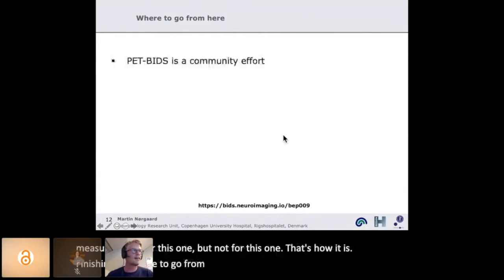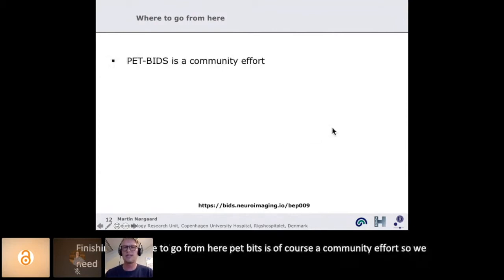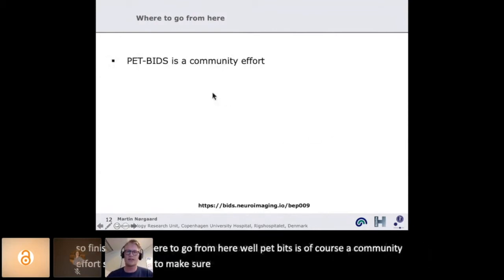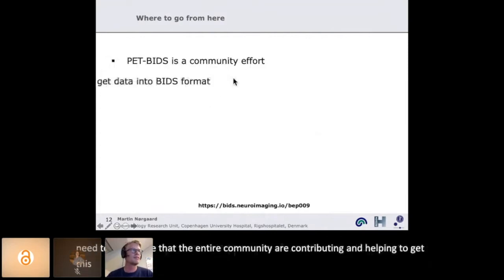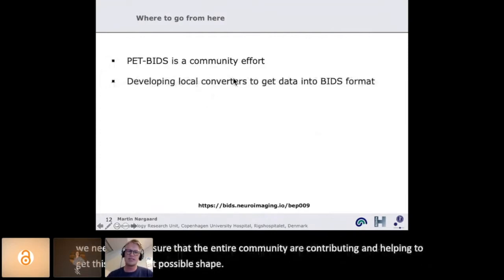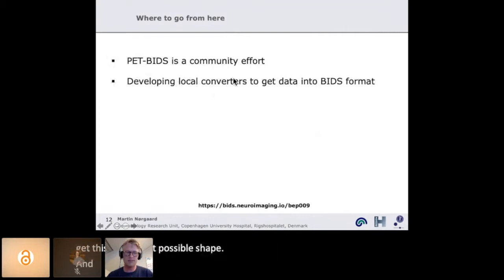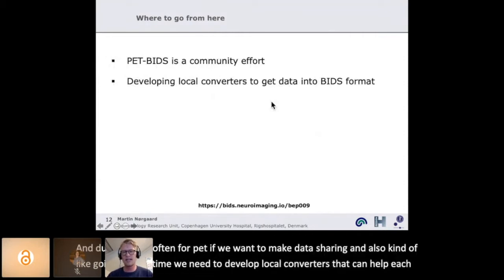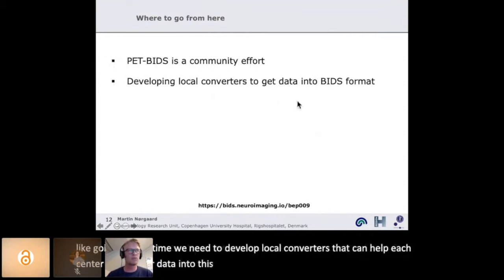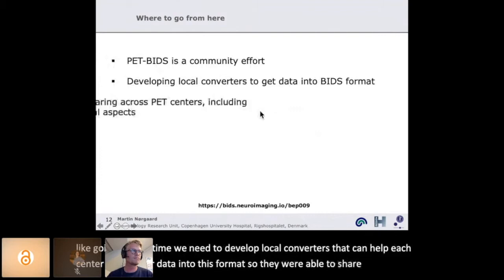Well, PET-BIDS is, of course, a community effort, so we need to make sure that the entire community is contributing and helping to get this in the best possible shape. And because often for PET, if we want to make data sharing and also going back in time, we need to develop local converters that can help each center to get their data into this format, so they're able to share the data with the rest of us.